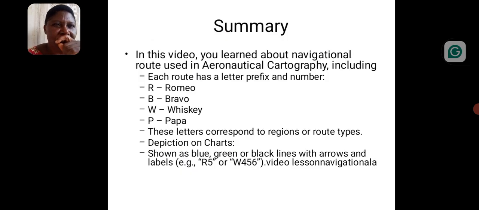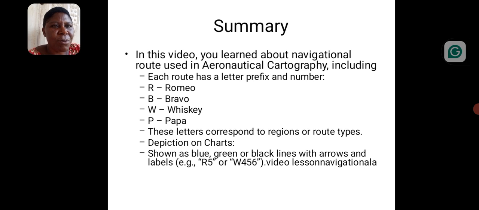So in summary, I want you to note something: if you can see from this chart here, the route on this chart is green. Now most charts make use of blue, green or black for their navigational routes.